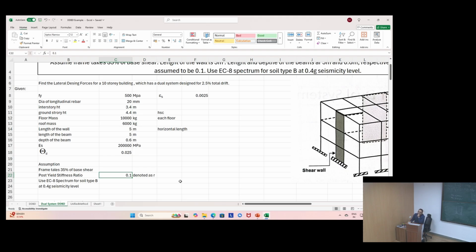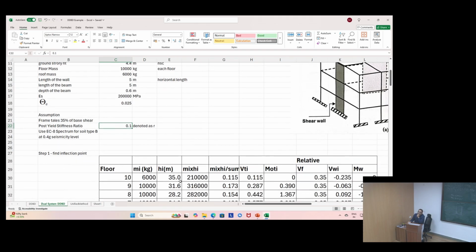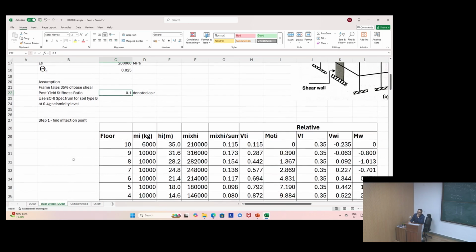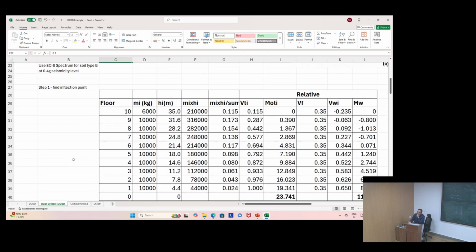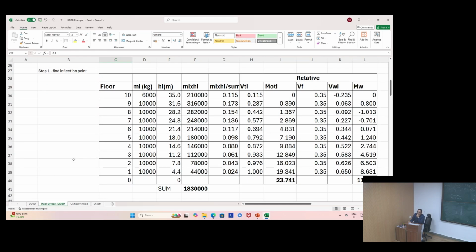So first step, before we do anything, we have to find out what our inflection point is. So we will do a little bit of math for that. We'll start with 0 and go the other way.